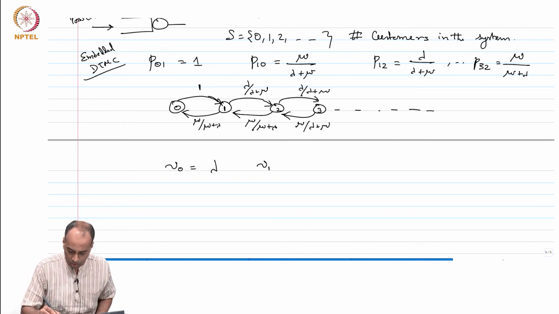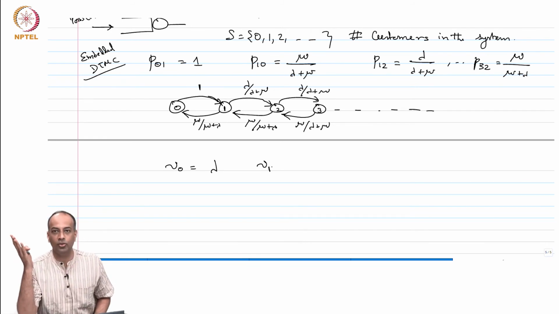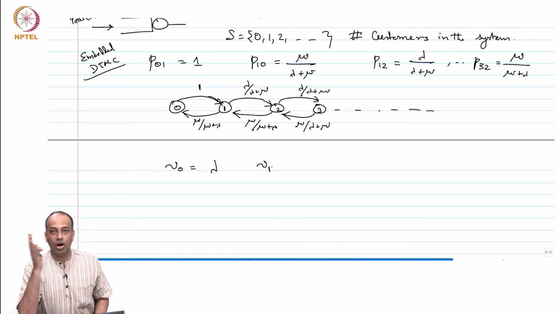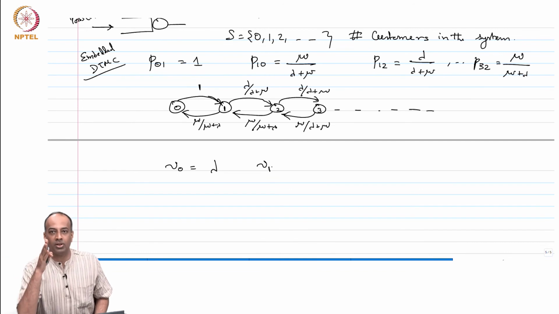Now, what is nu 1? Nu 1 corresponds to the rate at which I transition out of state 1. So, how long do I stay in state 1 is the question. I stay in state 1 until either there is a new arrival, in which case I go to state 2, or until the person in service completes the service.